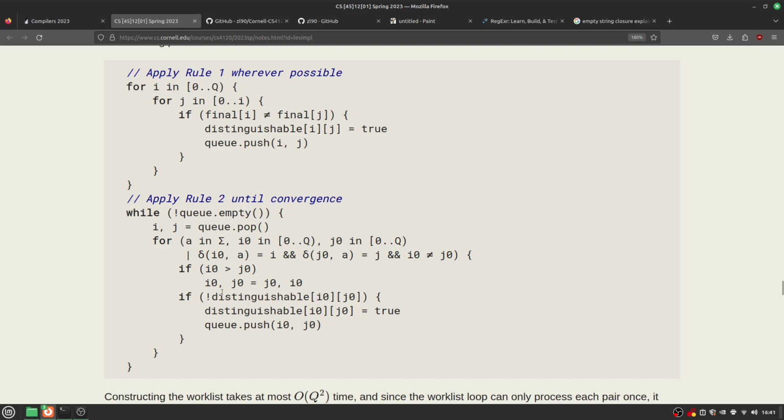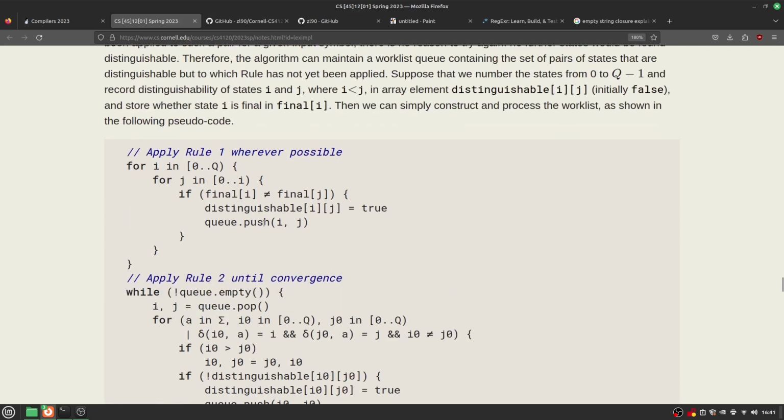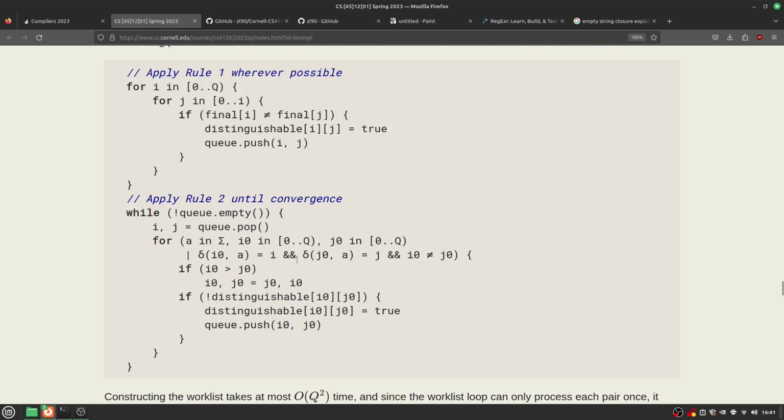What? If they're not distinguishable, is it calling itself again? What's going on? If they're not distinguishable, then they are distinguishable.